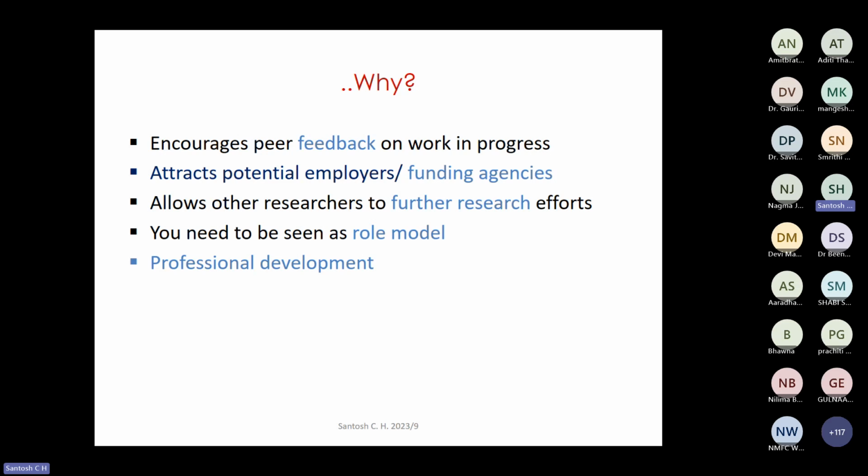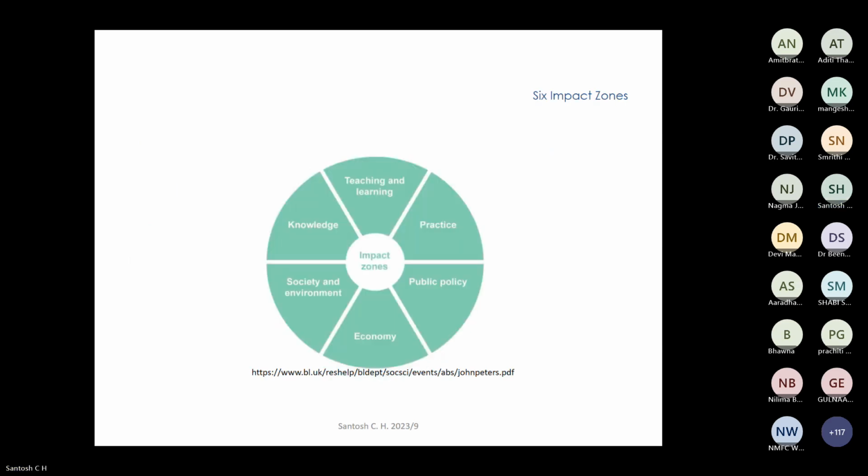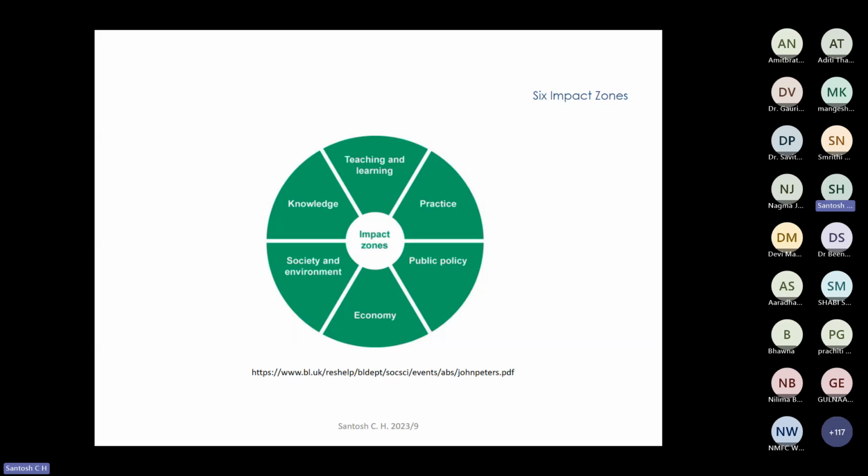All the time you may not get invitation, but when you meet some similar kind of professionals, definitely they will recognize that, they will appreciate that you are doing really good. So this kind of attention, this kind of attraction, this kind of presence or recognition has to be there when you start. Now, British Library talks about 6 impact zones.